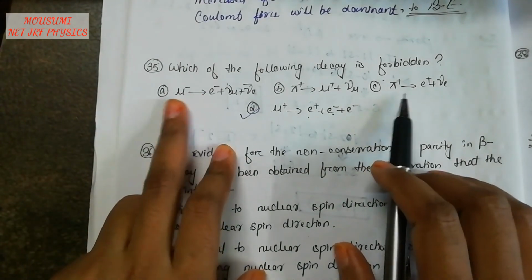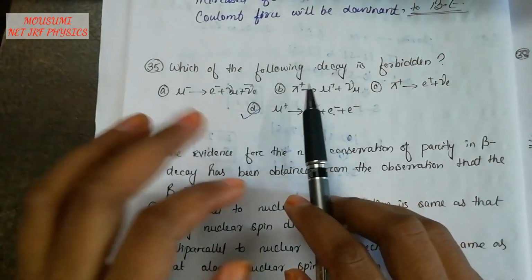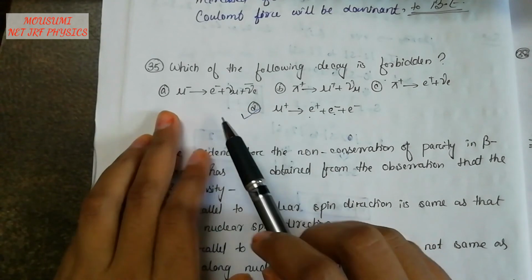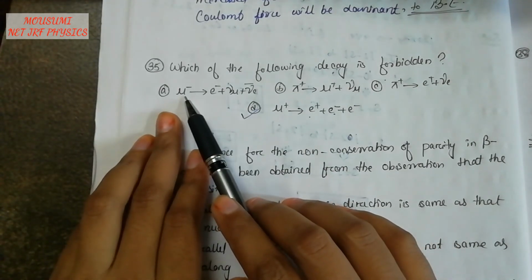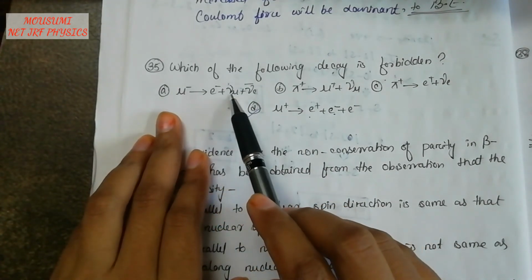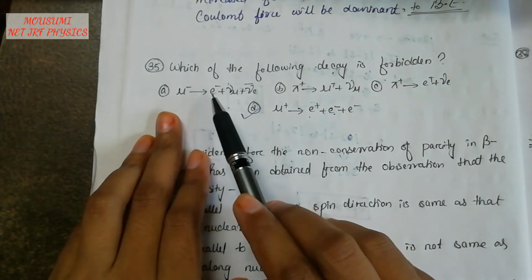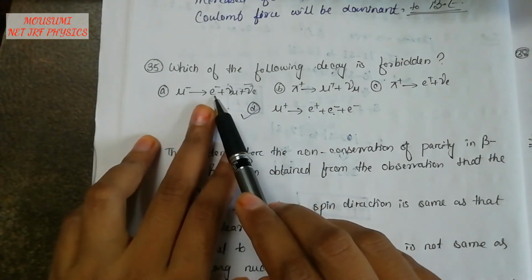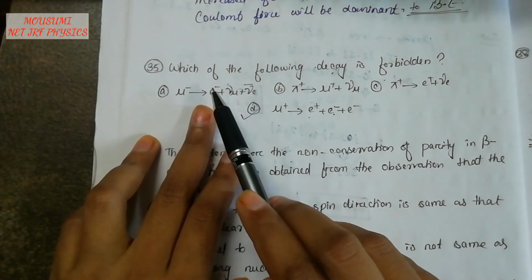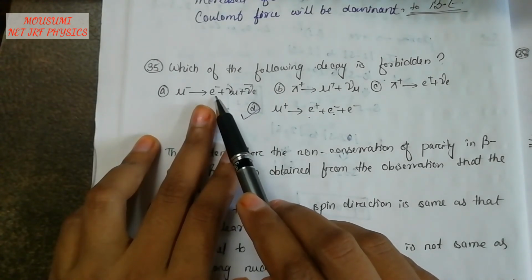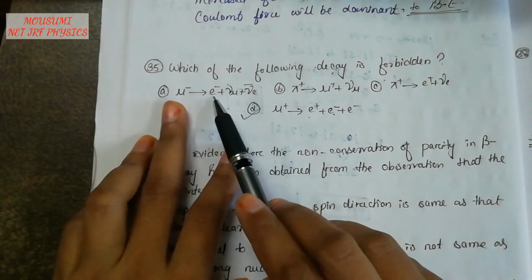So for the first one, we will see the leptons. Here we have a muon, a member of the lepton family, and on the right hand side also we have a muon family lepton. On this side also we have an electron, an electron family lepton, so this is conserved.